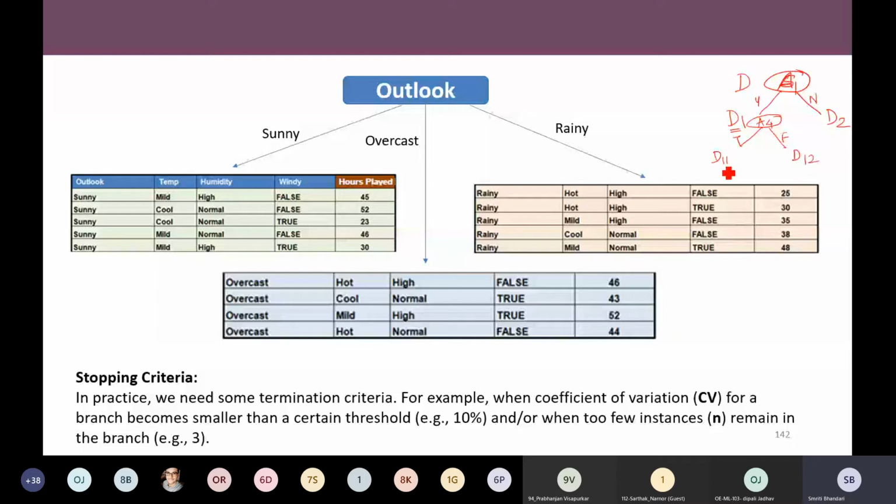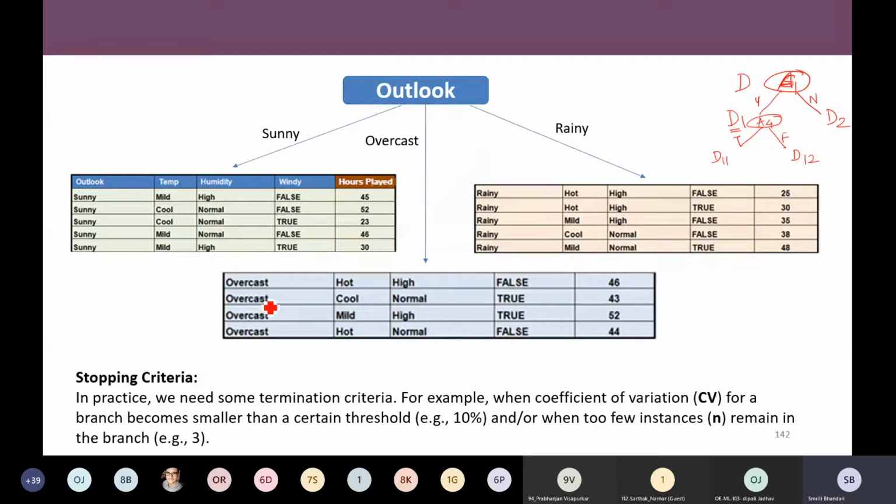D11 has only the examples from D1 for which the A4 value is true, and D12 has the examples from D1 for which A4 is false. This is how we make use of subsets of the data set at every decision node. Similarly, for outlook equal to sunny, overcast and rainy we have these subsets.